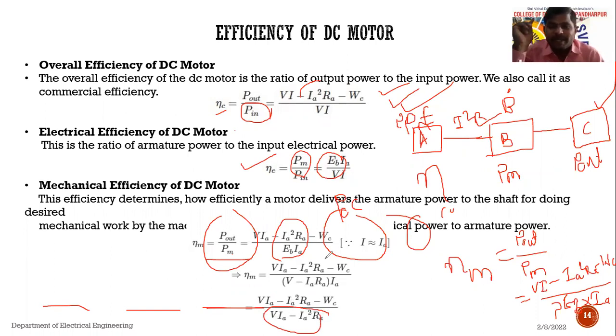We derived this earlier: input power minus copper loss is the power developed in the armature, EB into IA. So if we divide, we get efficiency mechanical equal to VI minus IA square RA minus WC, divided by VI minus IA square RA. Okay, these are the formulas for efficiency.